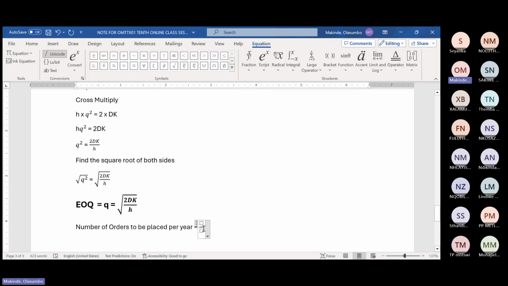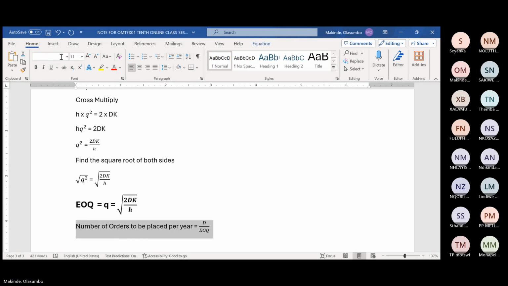If they ask you how many orders you should place a year based on your EOQ, the formula is annual demand over the EOQ that you have calculated. So you can also be asked a question on this. Take note of that.